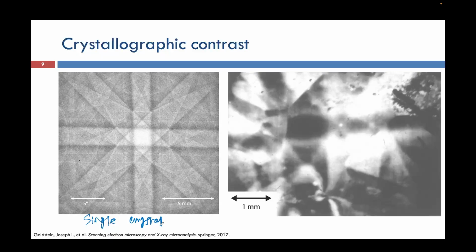This is a polycrystalline sample, I think of nickel or something. And this is a single crystal where we are able to see a series of lines, and here in the polycrystal we are not able to see clear lines.